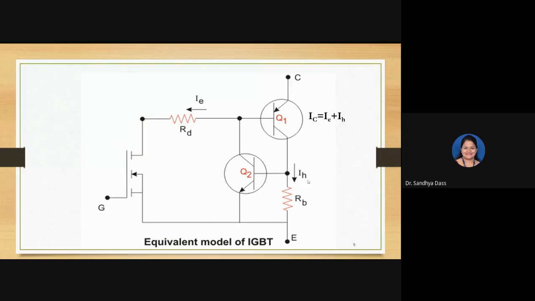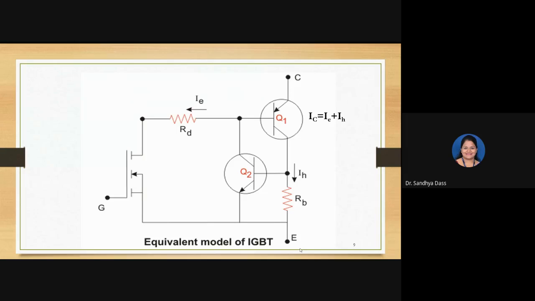If the collector current exceeds some threshold value ICE, then this parasitic transistor gets latched up. Latched up in the sense that the gate terminal loses control over the collector current. And the IGBT fails to turn off even when the gate potential is reduced below VGET, that is the threshold voltage across gate and emitter.